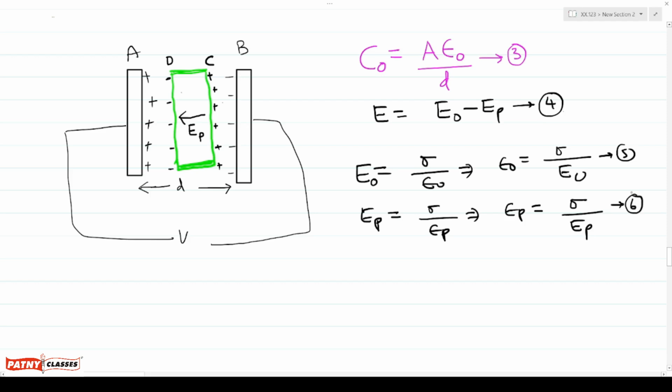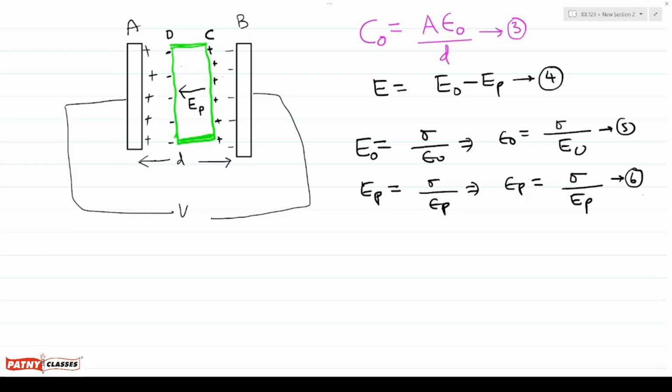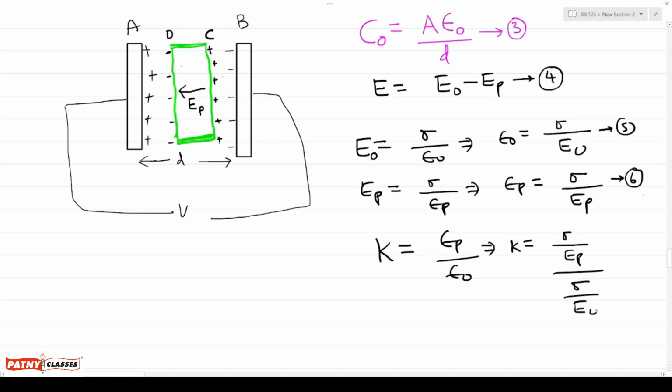And we know that the dielectric constant of the medium is given by epsilon P upon epsilon naught, which implies K equals sigma upon EP divided by sigma upon E naught, which equals E naught upon EP.